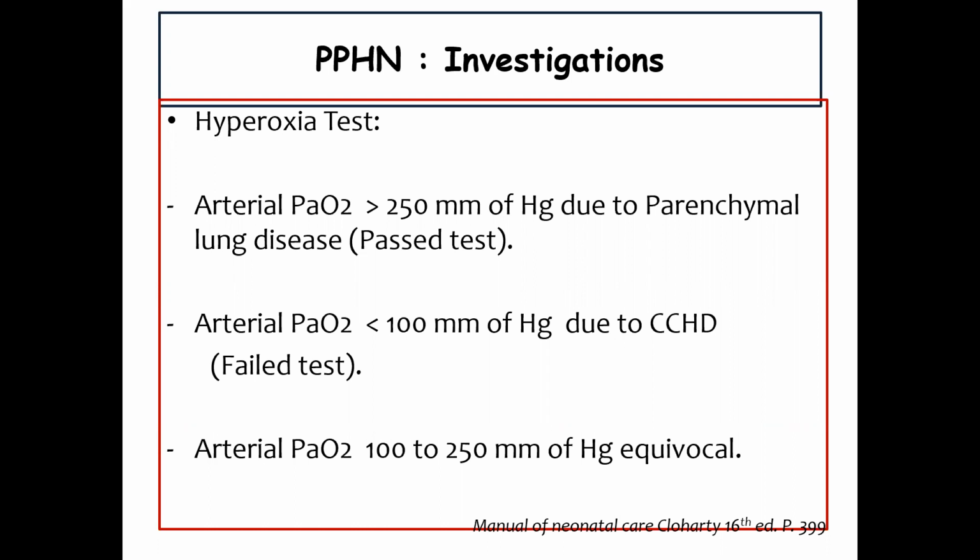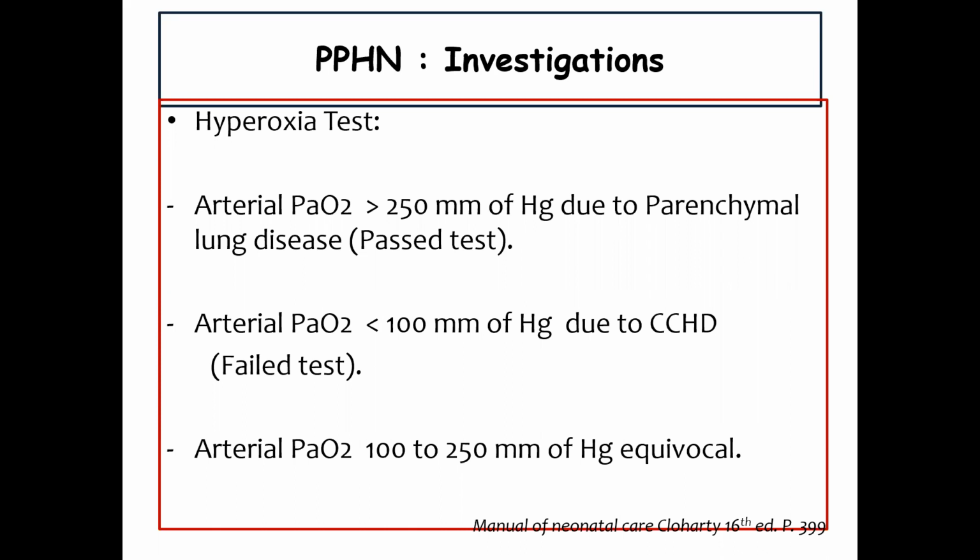And if the baby is not on CPAP or ventilation, then one can provide a flow of more than 5 to 6 times the minute ventilation. So a flow of more than 6 liters per minute through a hood, which can be provided with a tight seal so that all the portholes are closed, and this can be allowed to remain on the baby for at least 15 minutes before a repeat PaO2 is done.